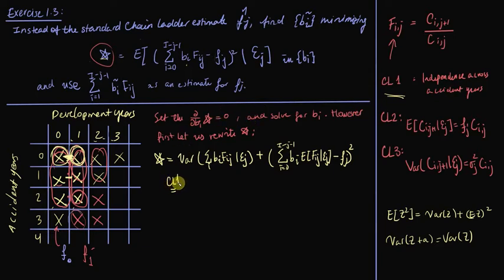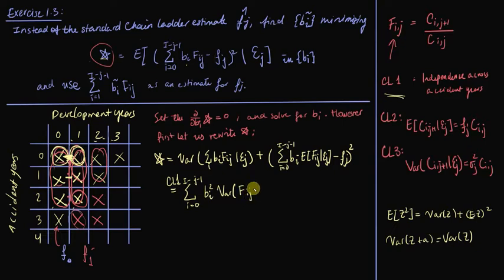So thanks to the first assumption in the chain ladder model, we can take out the summation, and we can also take out the constants bi, pull them out and square them since we removed them from a variance.